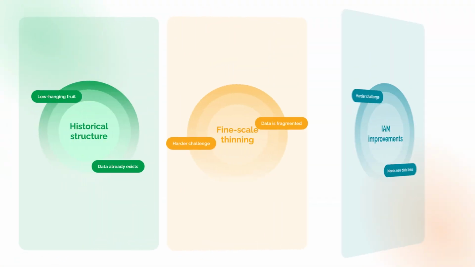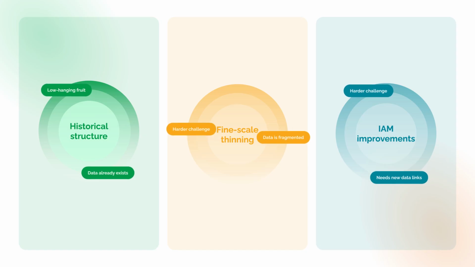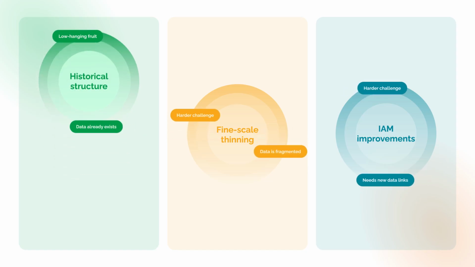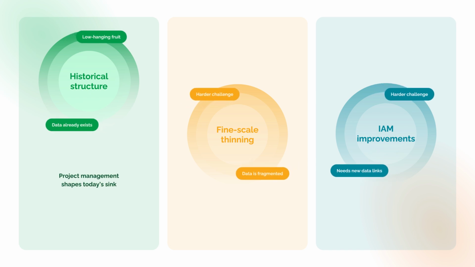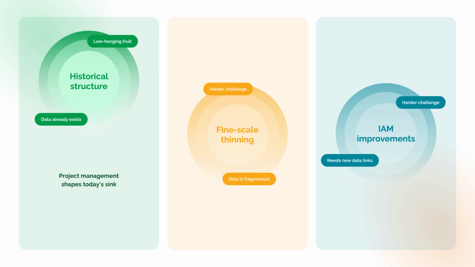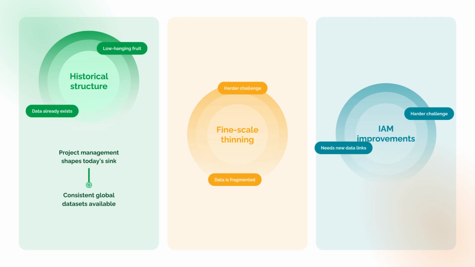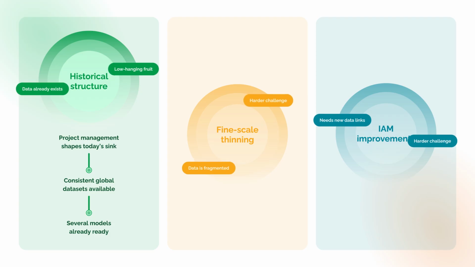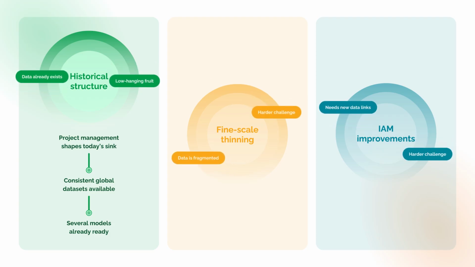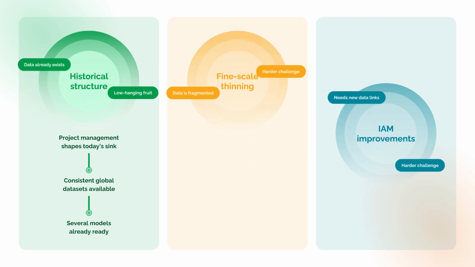This leaves scientists with 2 clear priorities. The first is realistic, given the information and tools available: building the history of past forest management into ESMs. That data already exists at a global level, and several models are ready to take it in. The harder challenge is small-scale thinning.